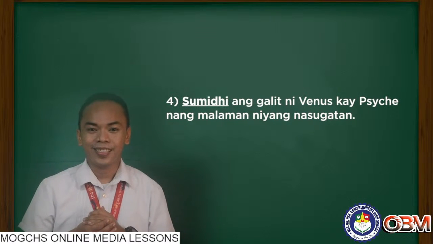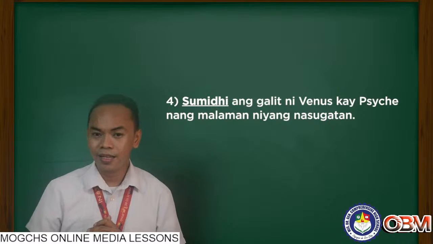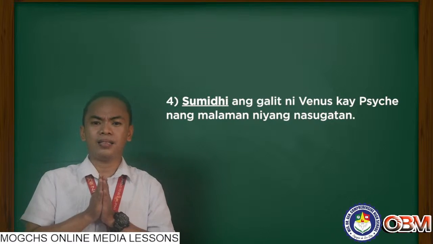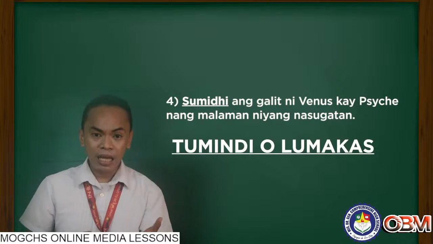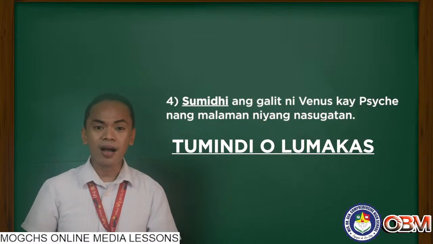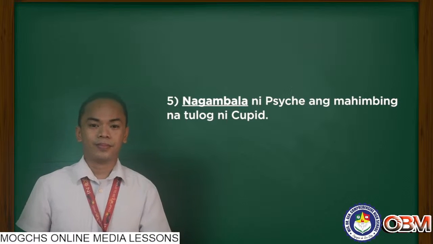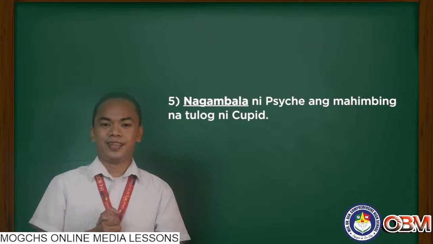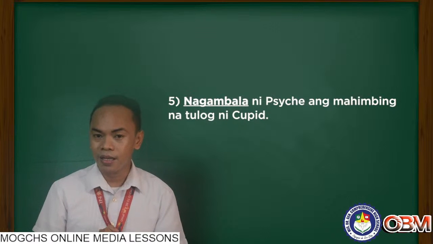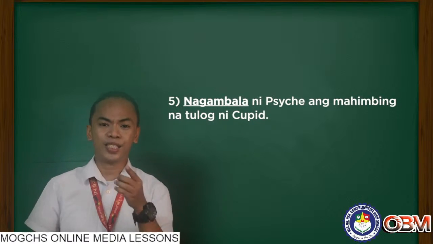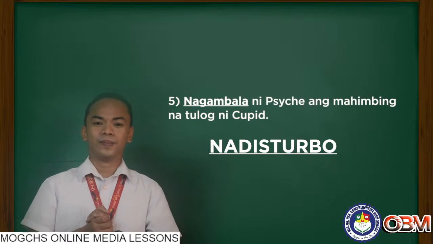Ika-4 na pangungusap, sumidhi, ang ibig sabihin ay napakagaling, tumindi o lumakas. At ang panglima, nagambala, ang ibig sabihin ay tama, naistorbo.